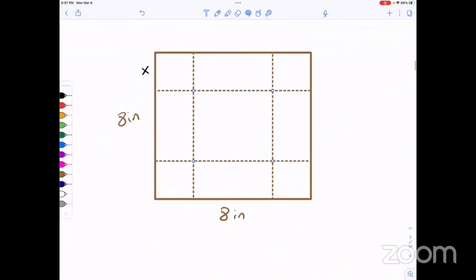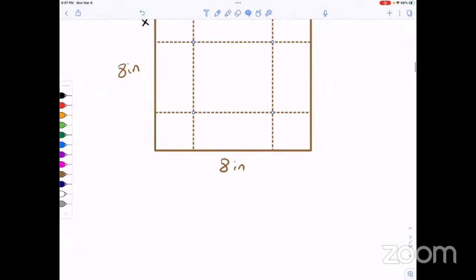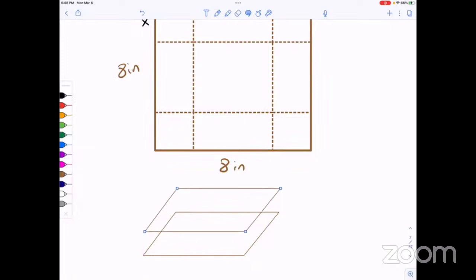So when we cut out the corners, let me just draw a picture there. Let me see. So something like, okay. Let's see. Yeah, about like that. Okay.